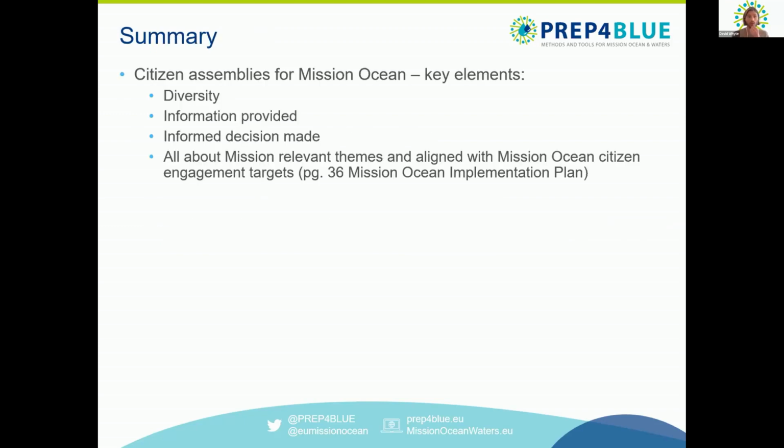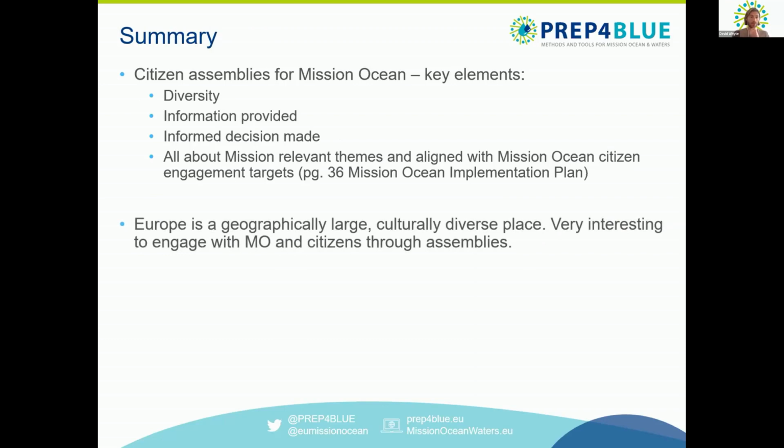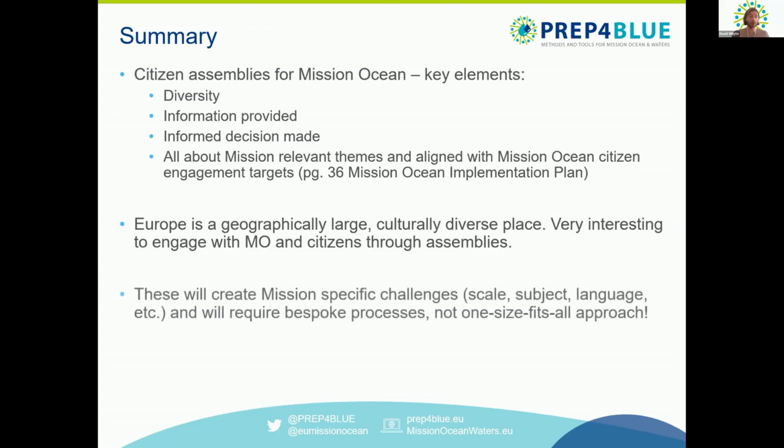I think the main thing for Mission Ocean is to remember that Europe is very geographically large and culturally diverse, and for that reason, I think it will create mission-specific challenges and make it so that a one-size-fits-all approach will absolutely not work. But I think the main thing is to do research and be clear on why you've chosen the approach you've chosen for the states or the context or the question that you've chosen it in. So I think that's it from me for now.